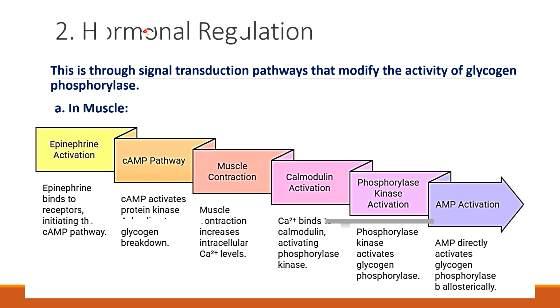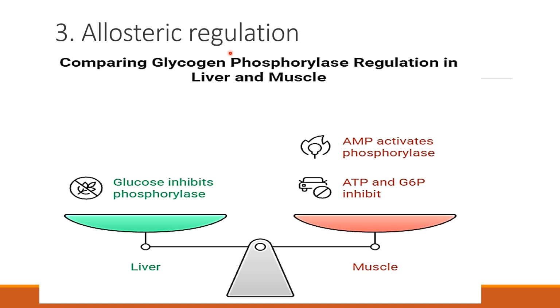Third way of regulation is allosteric regulation. This is seen in liver as well as in the muscle. In liver, glucose acts as an allosteric inhibitor of glycogen phosphorylase A, promoting its conversion to its inactive form, glycogen phosphorylase B, when glucose levels are very high.